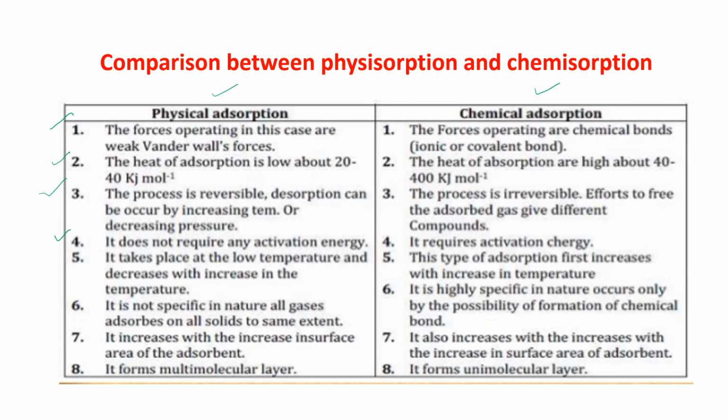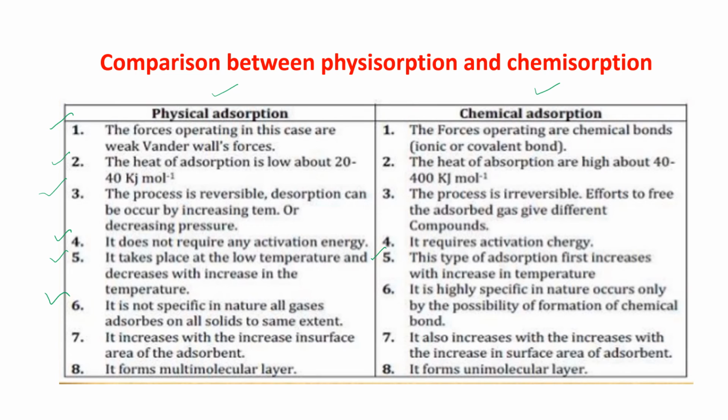Number 4, it does not require any activation energy, but chemisorption requires activation energy. Number 5, it takes place at low temperature and decreases with increase in temperature. For chemisorption, this type of adsorption first increases with increase in temperature.